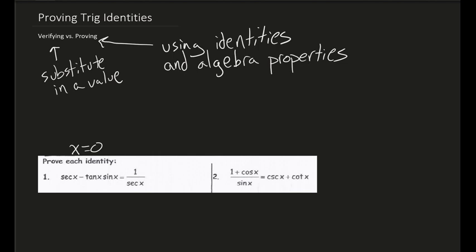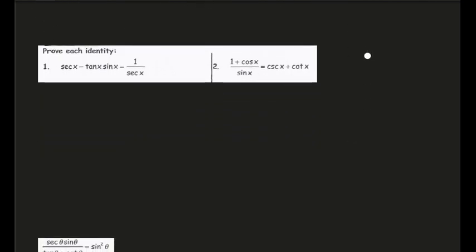Now, this first one, let's deal with both sides. Some of these, it's going to be easiest to just work in terms of sine and cosine. Others, it'll be easiest to work in others. This one, we're going to do all in terms of sine and cosine, and we're going to work with both sides of the equation. So here, let's rewrite this in terms of sine and cosine.